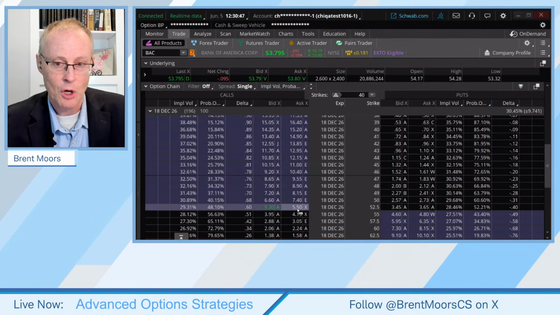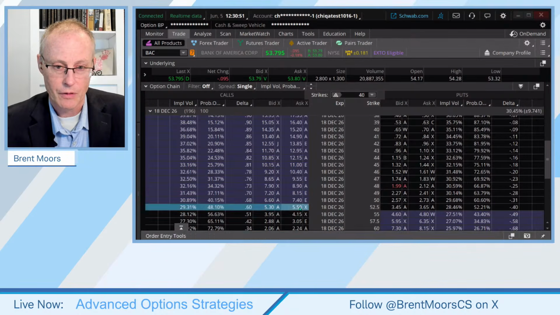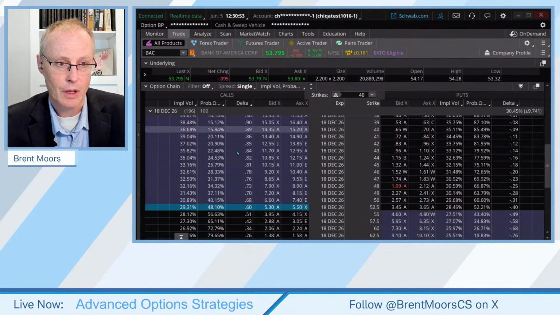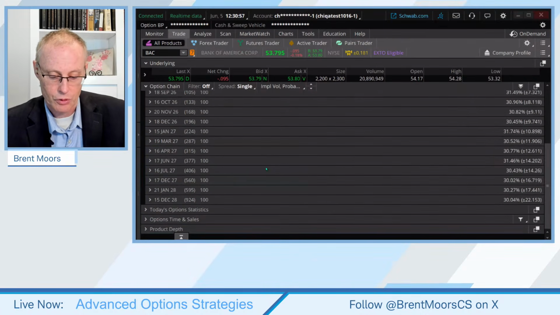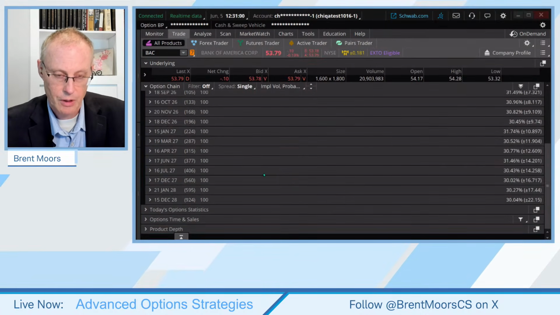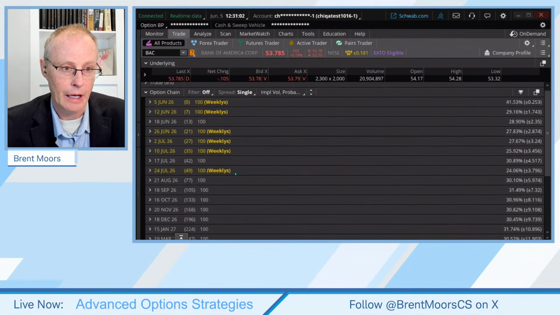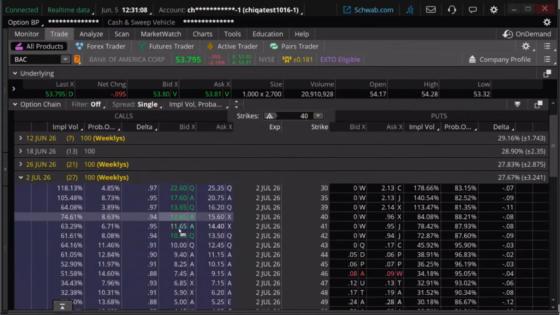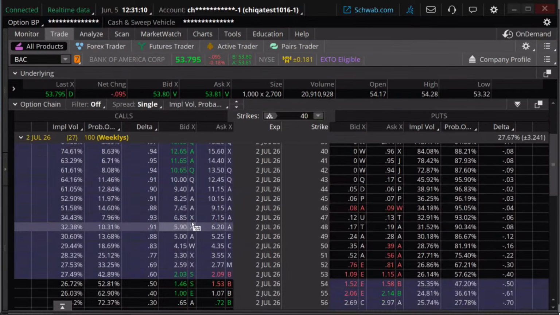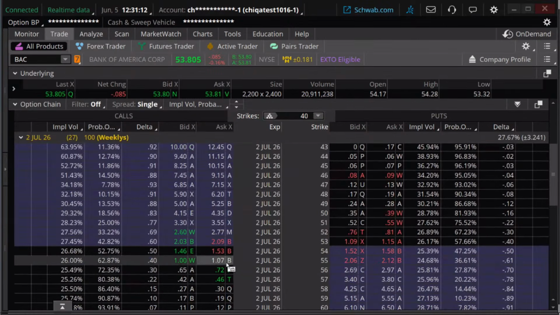So I'm going to buy this contract here, the 52.50. And I'm going to go shorter term here. We don't have the other one, we went 42 days. If it's liquid enough, let me go out 27 days on this. Okay. And I'm going to go here and got a relatively tight spread on this.